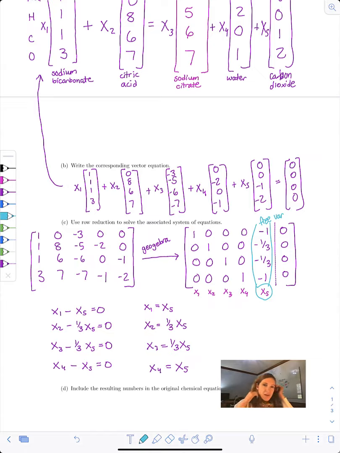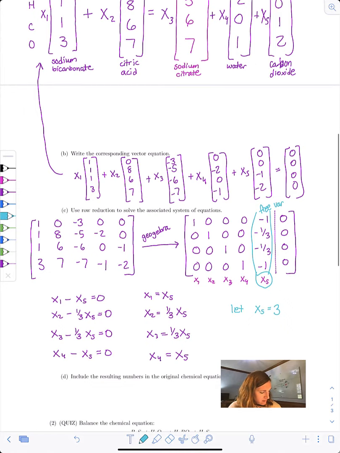But that's okay, because what this is really telling us is that we can choose how many molecules of carbon dioxide we want to put in, and then, because remember the x5 corresponds to the carbon dioxide molecules, that will tell us how many molecules of the other pieces are going to go in here. And so, just to make a nice even number, let's let x5 equal 3. But we could let it equal something else.